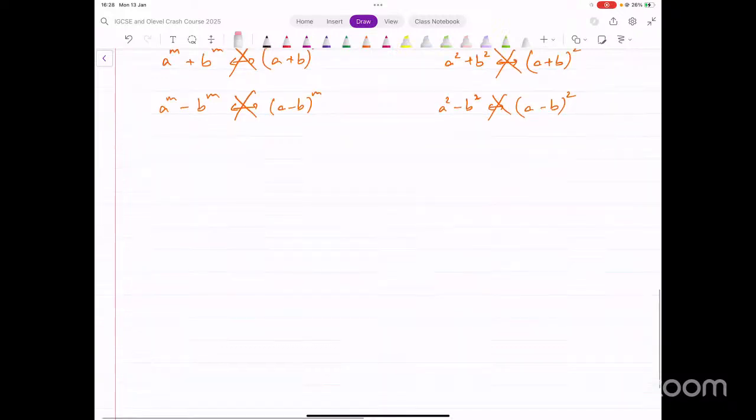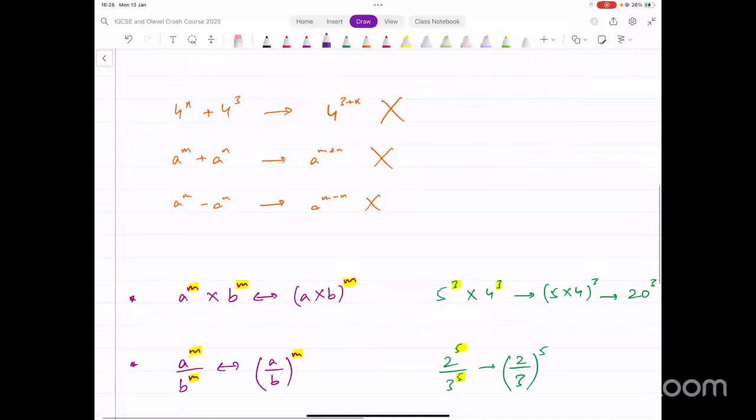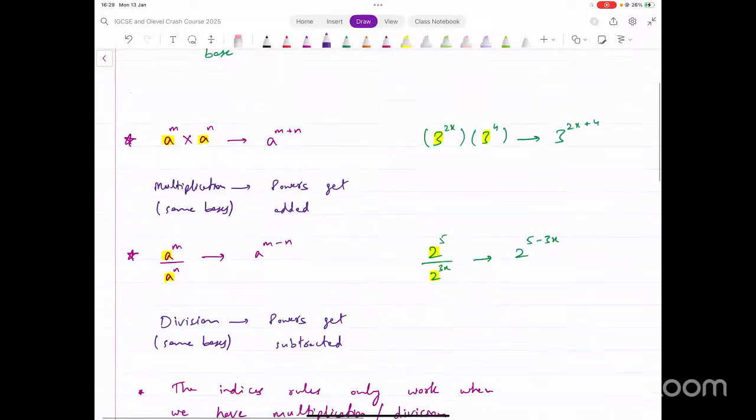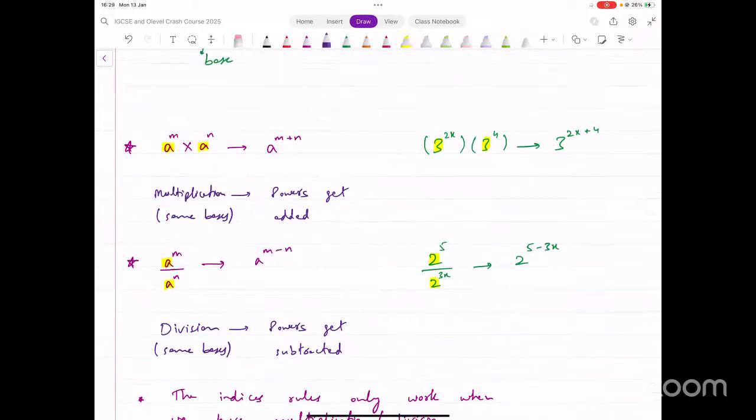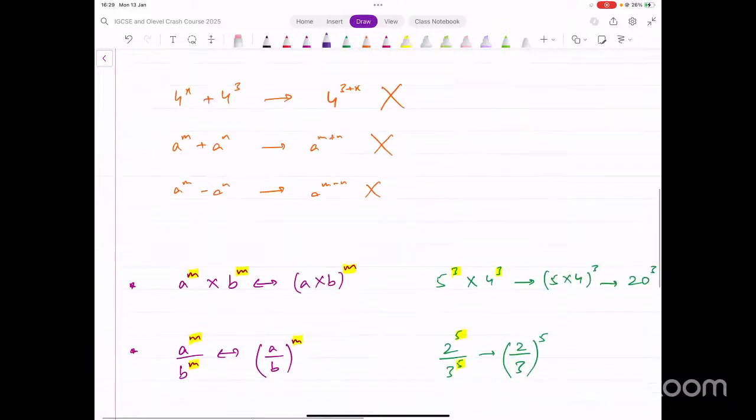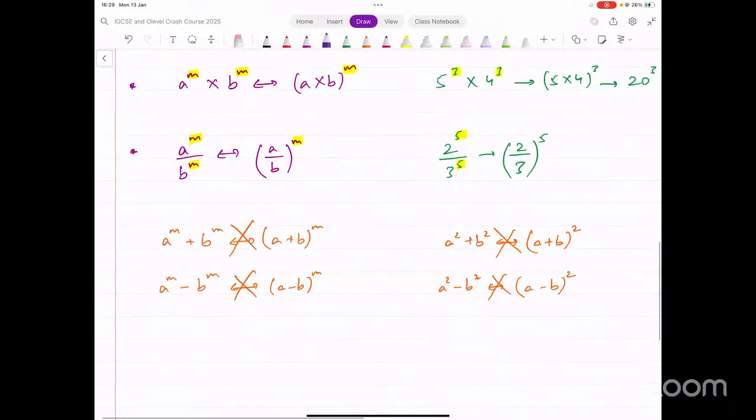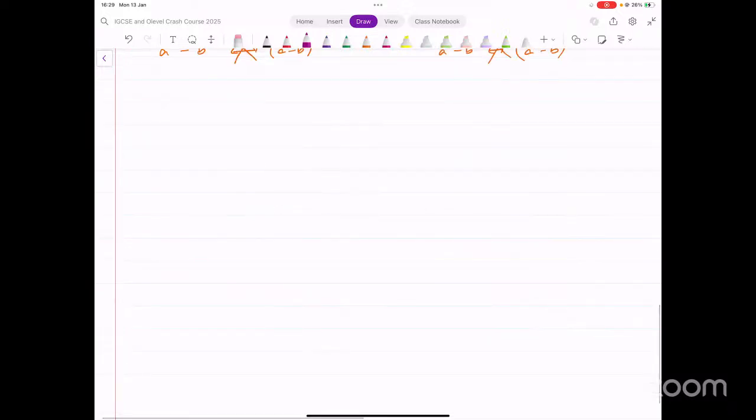Then there's another one. The first type of rule that we did was when the bases were the same. The second type of rules that we did is where the powers are the same. Now, the next type is when you've got something like this, a raised to power m whole raised to power n.